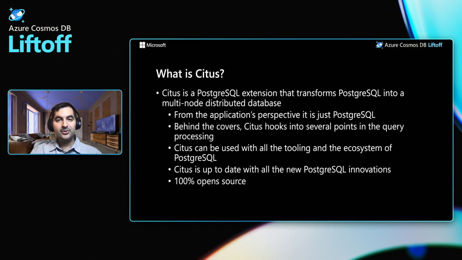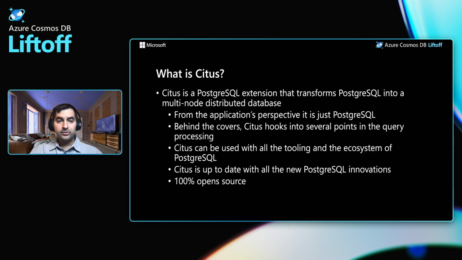Citus is a PostgreSQL extension that transforms PostgreSQL into a multi-node distributed database. From the application's perspective, it is just a PostgreSQL. Behind the covers, Citus hooks into several points in the query processing and can change how the database behaves.